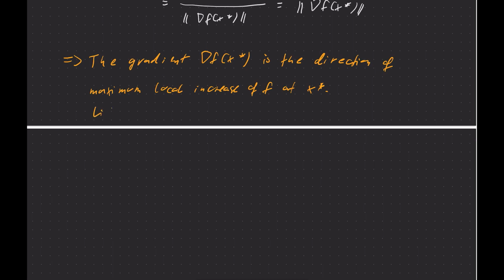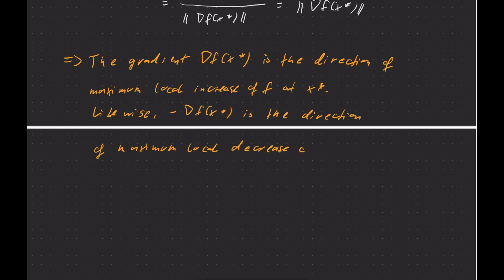So likewise, minus the gradient of f at x star is the direction of maximum local decrease of f at the point x star.